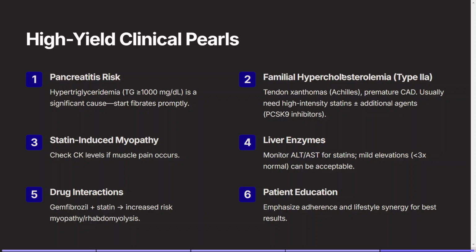If there are symptoms, you can switch to a less potent statin, or you can stop depending on what's going on. Then if you stop, you can restart again gently at a lower dose, or you can switch to a medication class. Drug interactions: there is an increased risk of rhabdomyolysis when we use gemfibrozil with a statin.